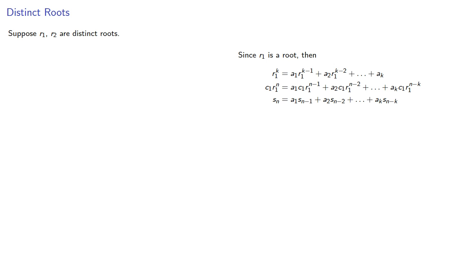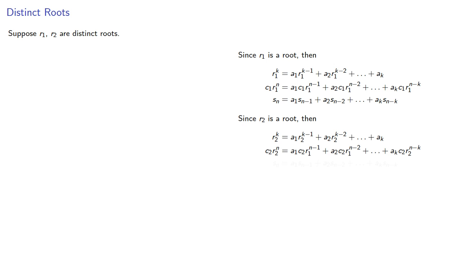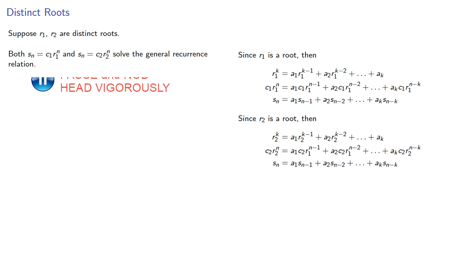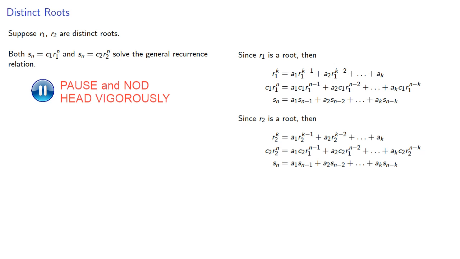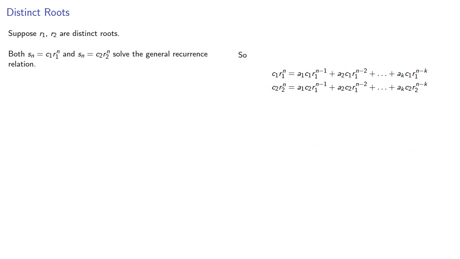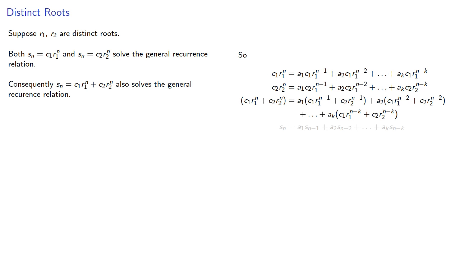And likewise, C_2 r_2 to the power n will also solve the general recurrence relation. Consequently, their sum will solve the recurrence relation. And at this point, we can find the coefficients using the initial values.